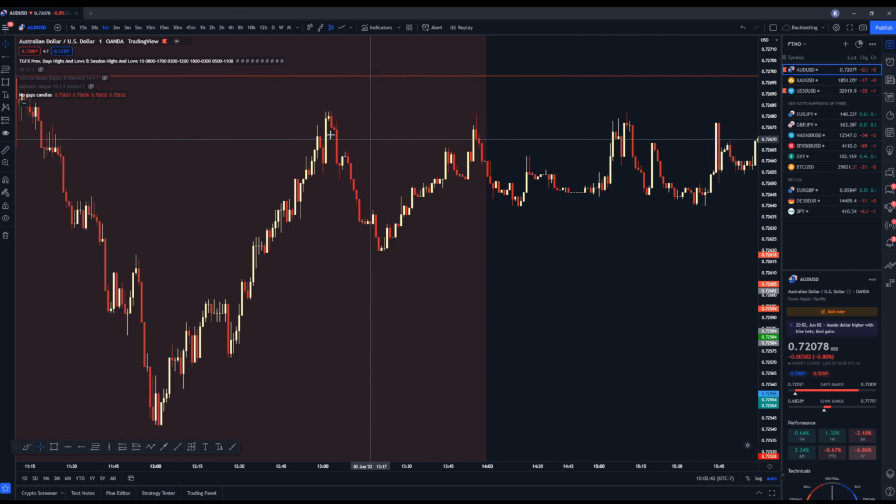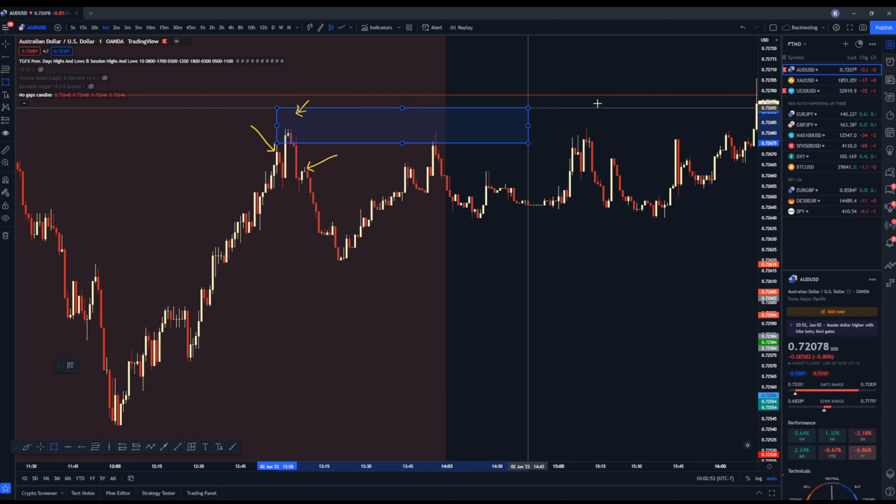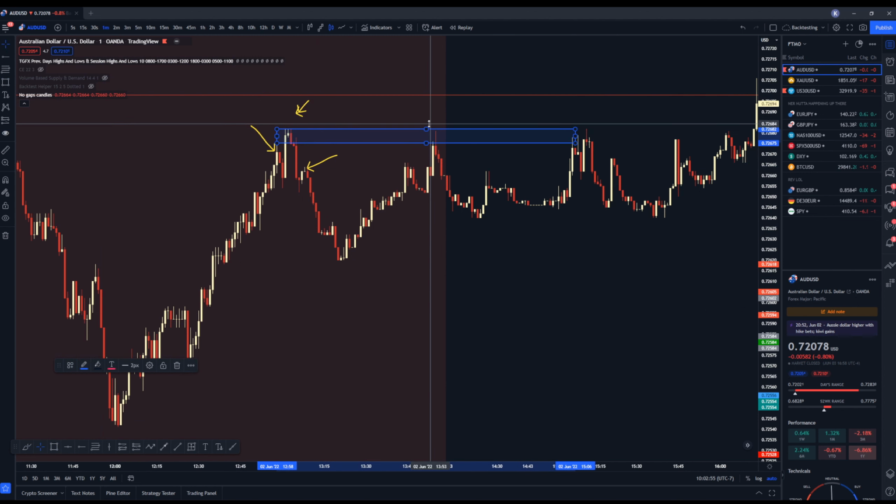This one's a little bit more cut and dry next to here. So you have your left shoulder here. Let's do left shoulder, head, right shoulder. You got your zone around the head, right? And right here we stab right into the head, and that's the return to impulse. It's the return to the impulse that created this break of structure.